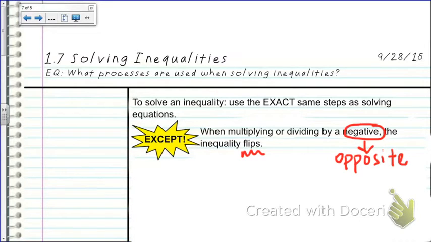So when we are dividing or multiplying by the opposite, that means that we have to take the opposite inequality sign as well. This is probably the thing that students forget the most: when they're multiplying or dividing by a negative, because it's an inequality and negative means opposite, you have to do the opposite inequality. So you have to flip it around.